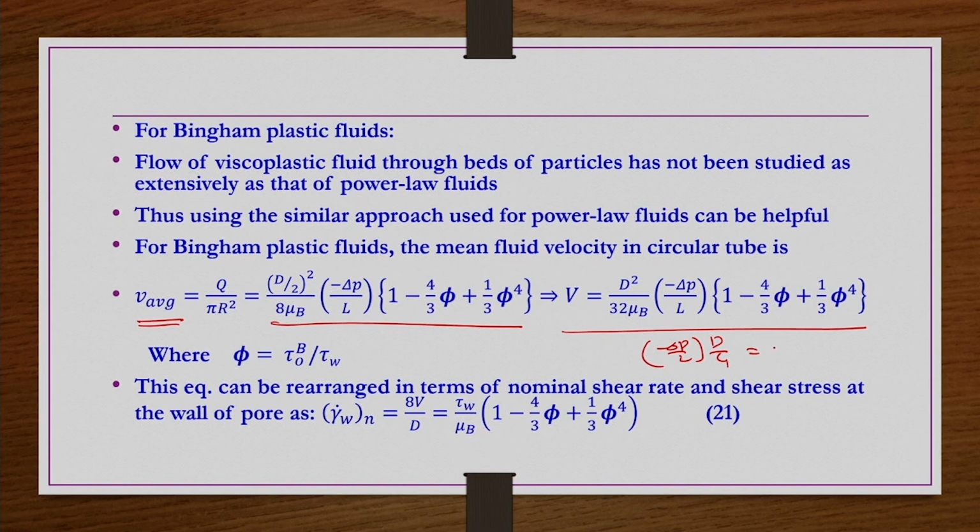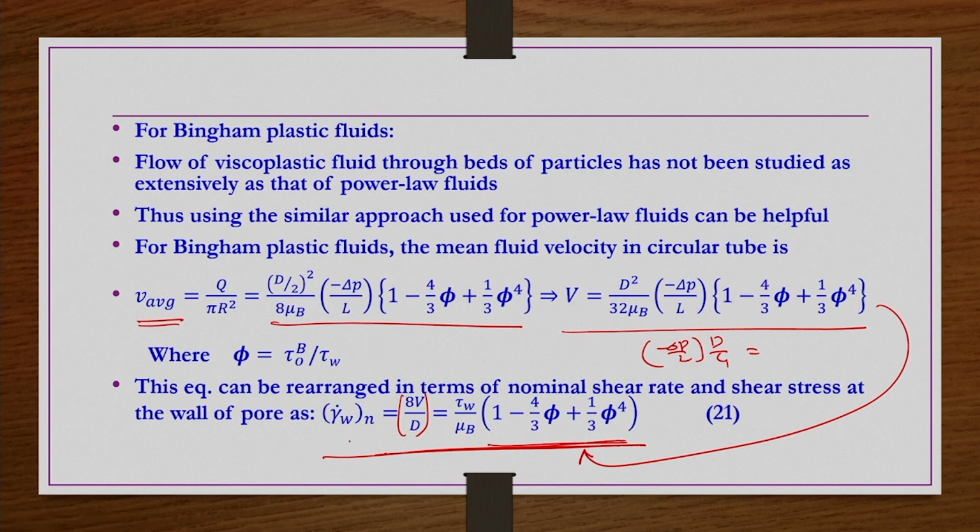Or you can write 8 V by D multiplied by the remaining constants, and this is the expression you get here. 8 V by D is nothing but the nominal shear rate, which equals tau W divided by mu B multiplied by this factor. It is just a rearrangement of this equation. Simply write 8 V by D on one side, and keep all other terms on the other side.